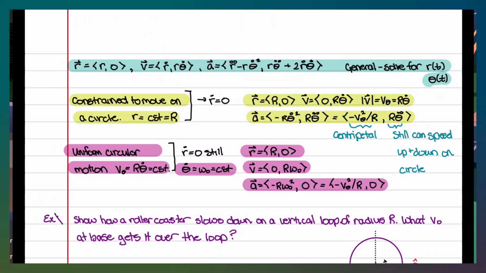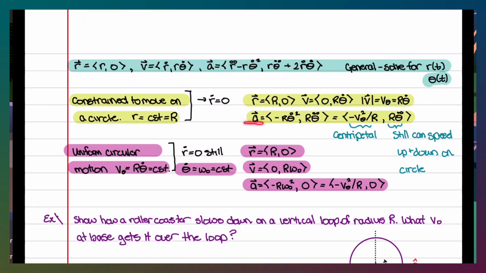So again, if you're constrained to move on a circle, then your velocity is this v theta, which is always tangent to the circle, compared to the radial velocity, which is kind of pointing in or out, towards the center of the circle.